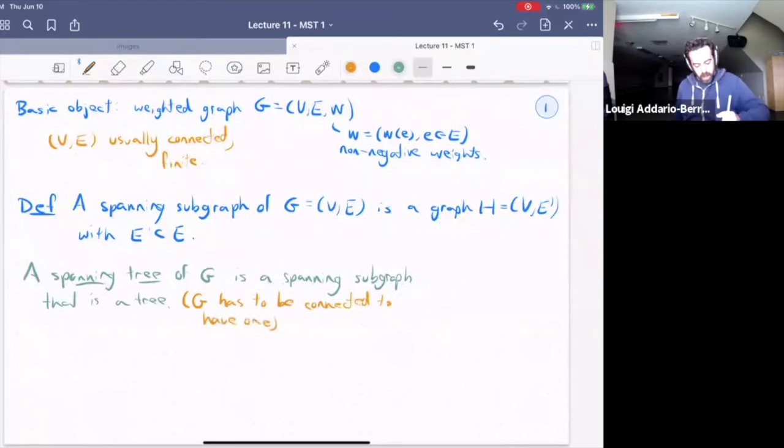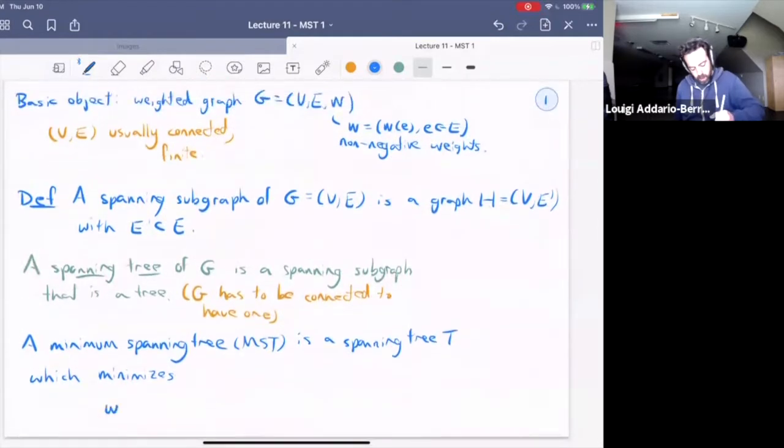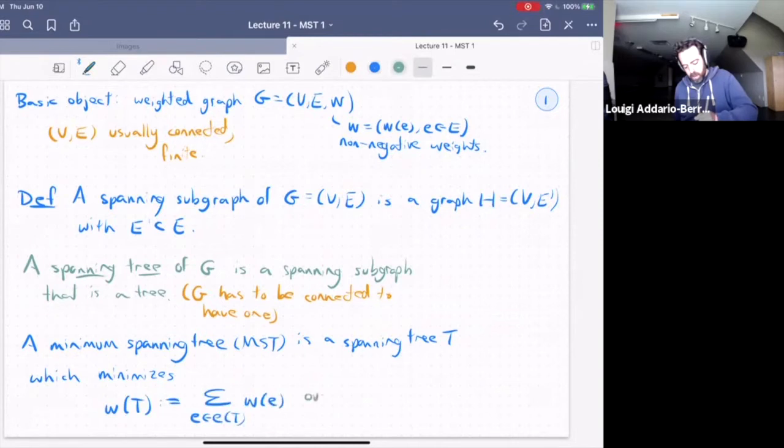And then a minimum spanning tree is a spanning tree which minimizes the following quantity: the weight of T, which is defined to be the sum over edges of T of the weight of the edge, over all spanning trees of G.